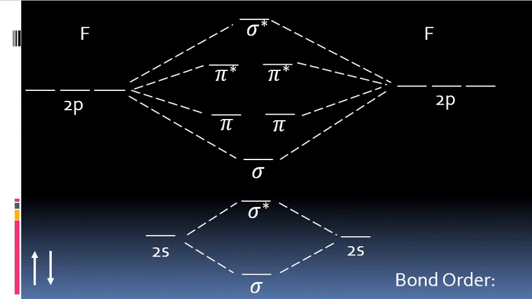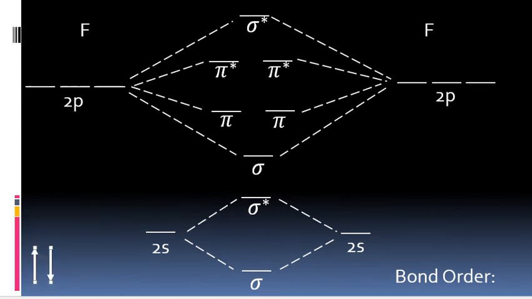Again, with fluorine, its 2s orbitals are completely filled. So those atomic orbitals are going to be completely filled. And for the 2p orbitals, since fluorine is 5 elements into the p block, it is going to have a total of 5 electrons in its 2p orbitals.